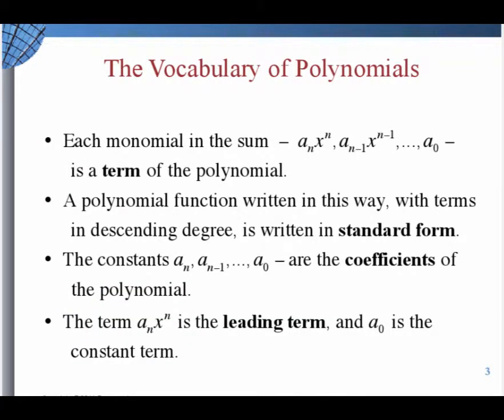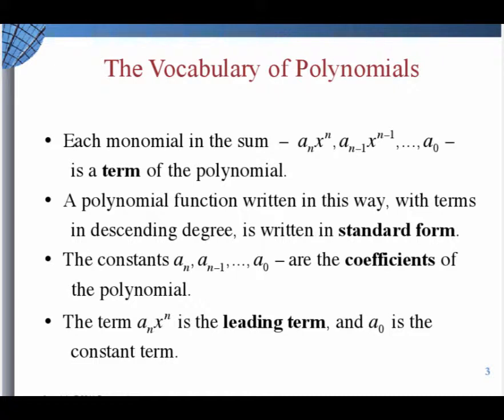So the vocabulary of polynomials: each monomial in the sum a sub n x to the n, a sub n minus 1 x to the n minus 1, and so on until a sub 0 is what we call a term of the polynomial. A polynomial function written in this way, with terms in descending degree, is written in what we call standard form.